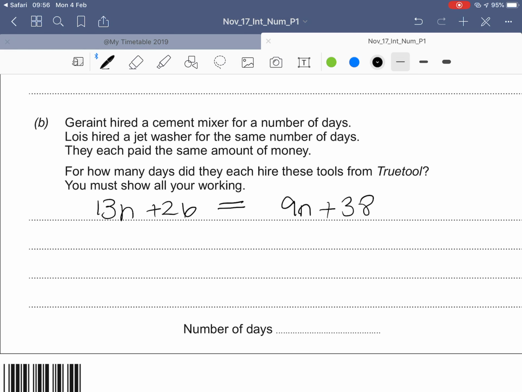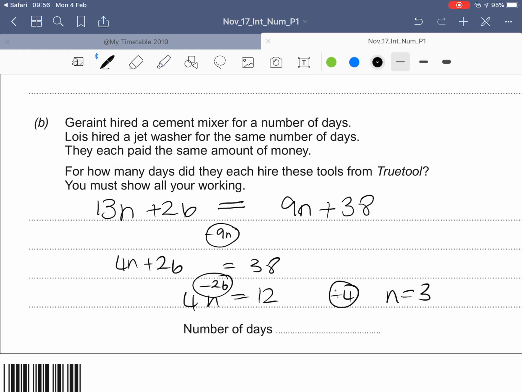Following the rules of solving equations, I need to take 9n off both sides. I'll have 4n plus 26 equals 38. Take 26 off both sides, 4n equals 38 take away 26 equals 12, and then by dividing by 4, n would equal 3. So they must have both hired it for 3 days.